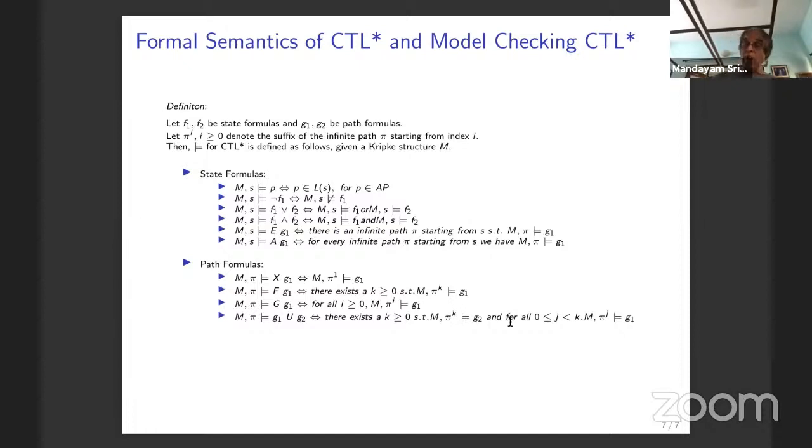And for all positions j between 0 and k minus 1, the suffix that you get from that position, G1 must be true.